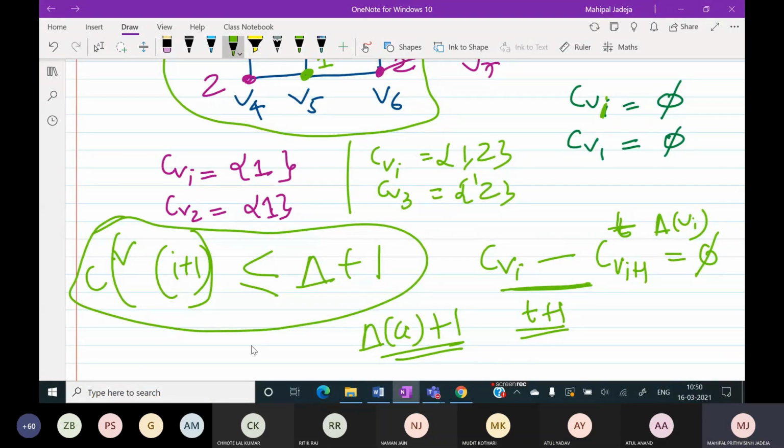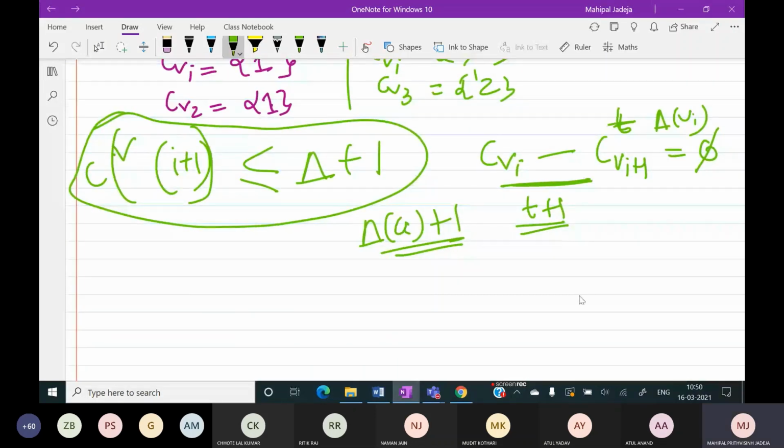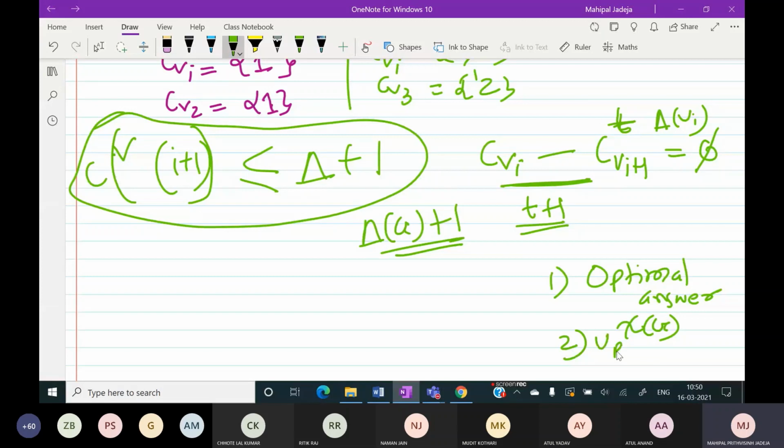But there are two things. The first one is the optimal answer. Optimal answer means the correct value of kappa of G. The second thing is the upper bound. Upper bound means the maximum value which kappa of G can achieve.